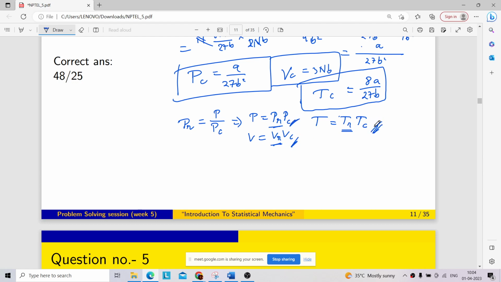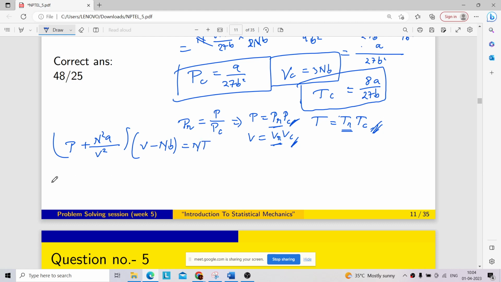Now put all these values in the van der Waals equation of state, then we see P plus N square A over V square into V minus NB equal to NT.